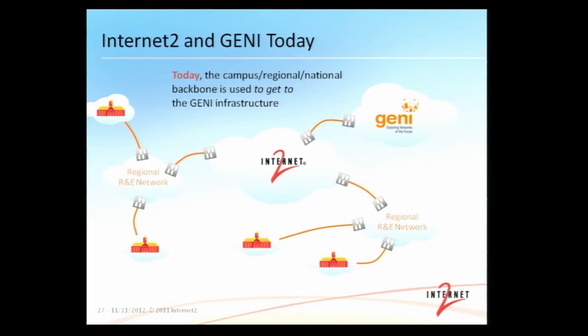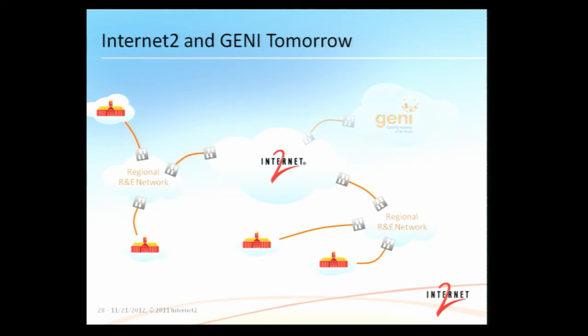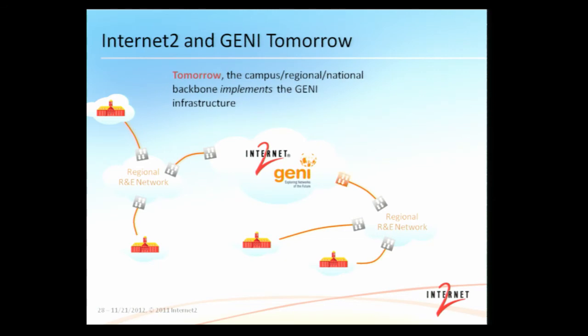Essentially what we're trying to do is, instead of using it to get to the Genie infrastructure, it just becomes the Genie infrastructure. So everything that you can do on the separate Genie infrastructure today, you can just do across the backbone and in our regional and campus networks as well. That's really what we're aiming for in terms of our partnership with Genie.